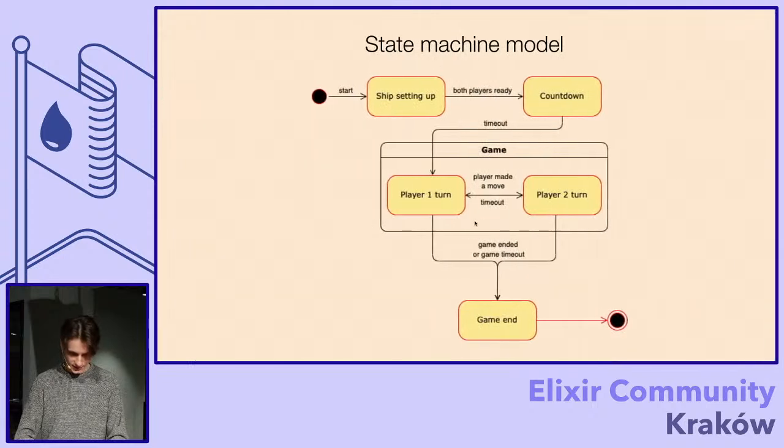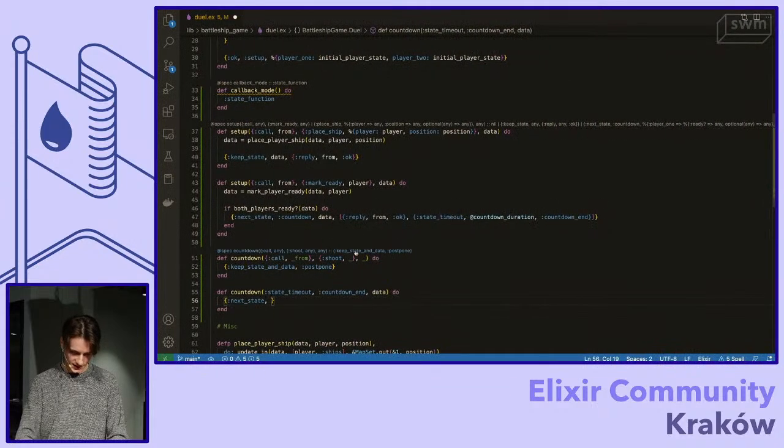and as you can see, game is split into 2 substates. So let's decide that we want to have a state that looks like that. Game and player 1. So our state is going to be a tuple.